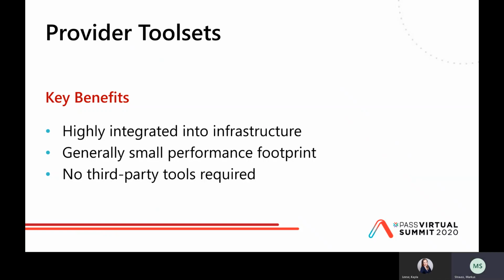So the fact that it generally doesn't require a third-party tool to be installed anywhere near the database is, in a lot of cases, a really big benefit and allows us to get around the issues that we would often have with third-party providers, where we may or may not get to the point where we are allowed, capable from the business side of things, to install or connect to the database directly.